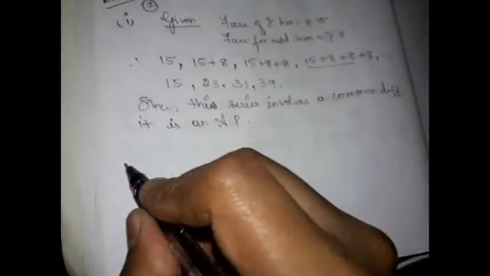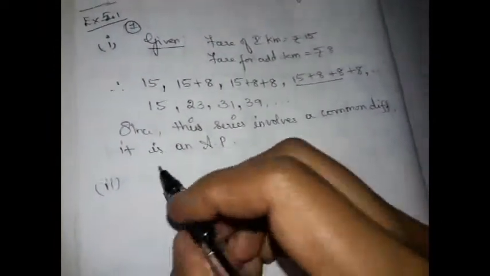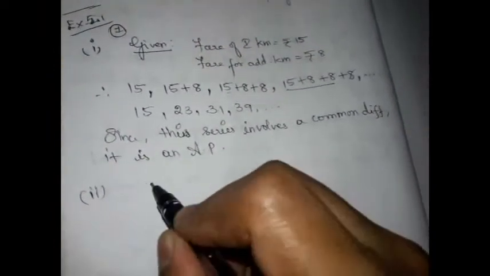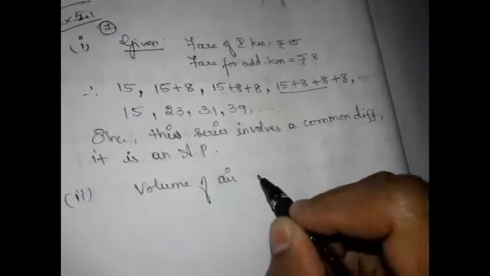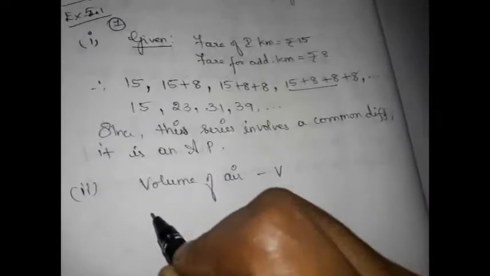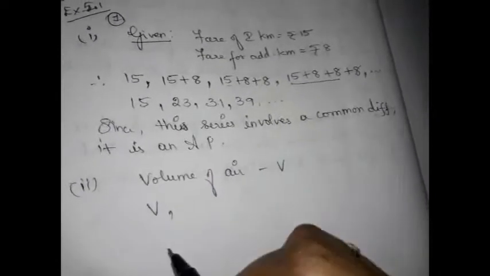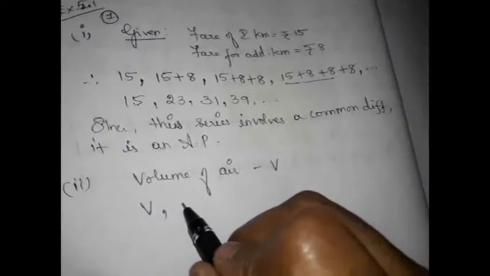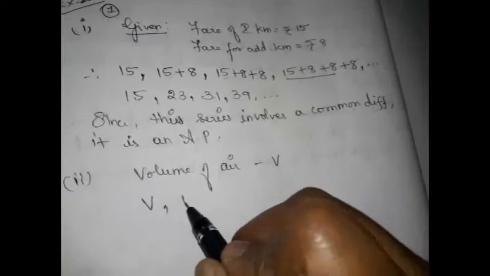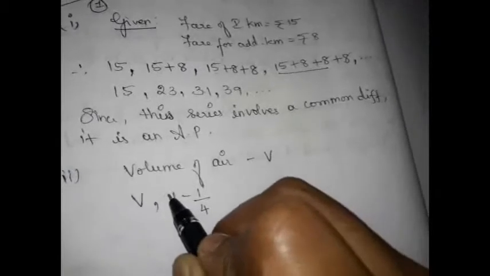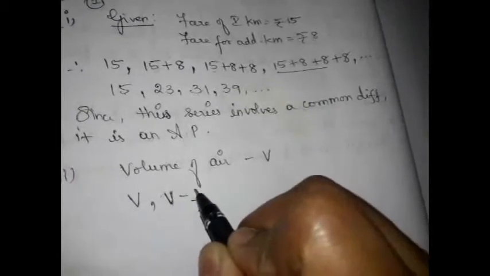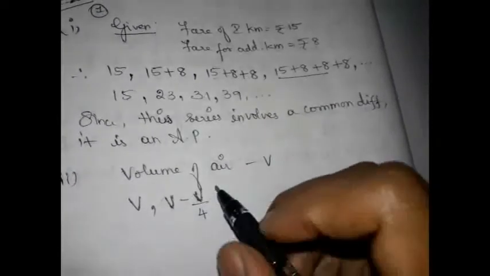See, suppose the volume of air is V, then initially it is going to be the full air. Next, from the full air it is going to remove 1/4, right? From the initial volume they are going to remove 1/4 of the volume, right?